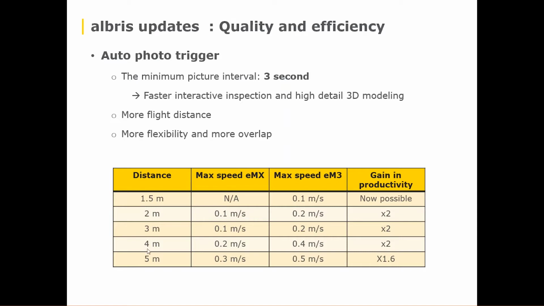In this chart, you can see that if we're, for example, 3 meters from a vertical surface, we can now fly at 0.2 meters per second and still generate enough overlap, which makes us already twice as fast as before in eMotion X.